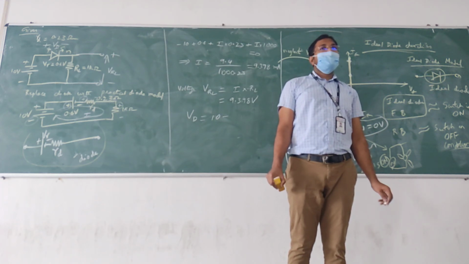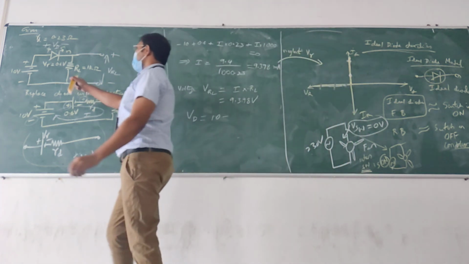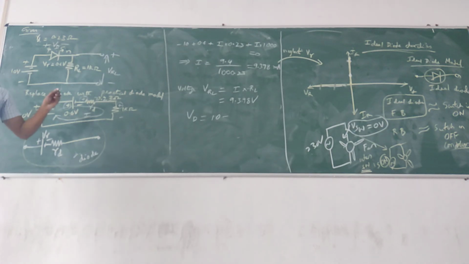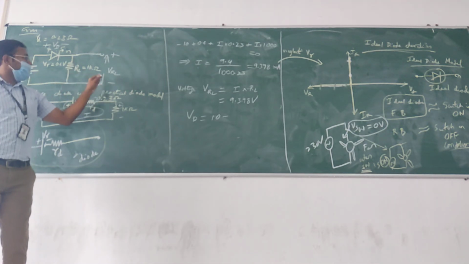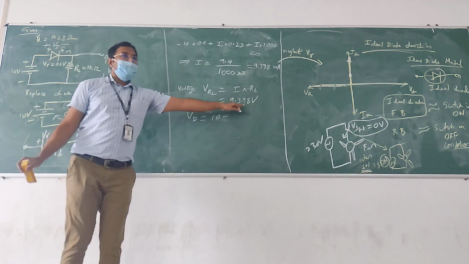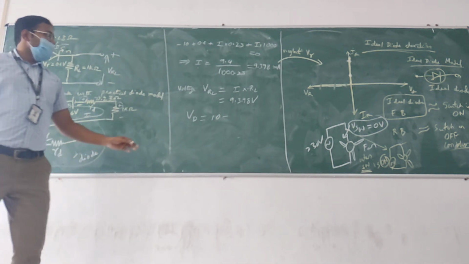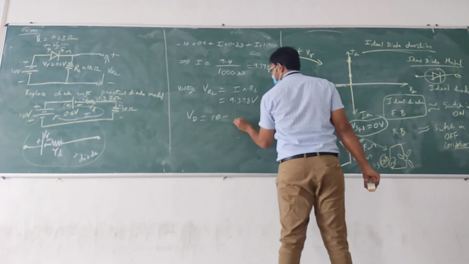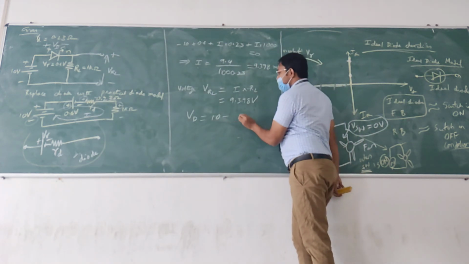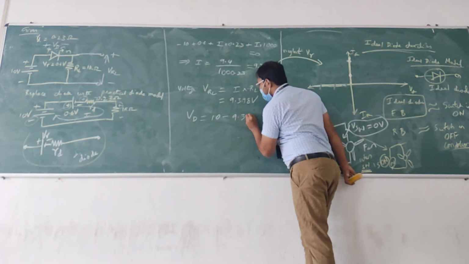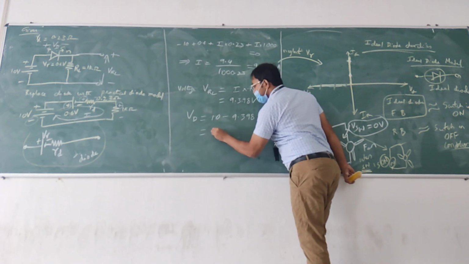Father is giving property to two brothers. One brother has taken 9.398. What will be the other brother's share? How much is that?